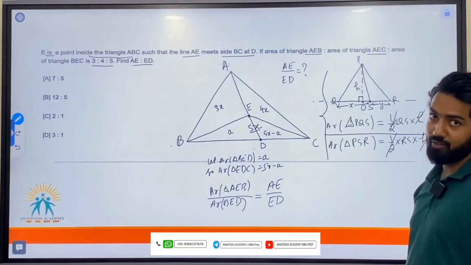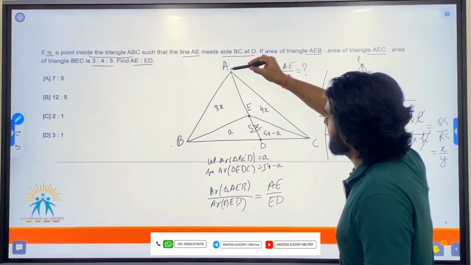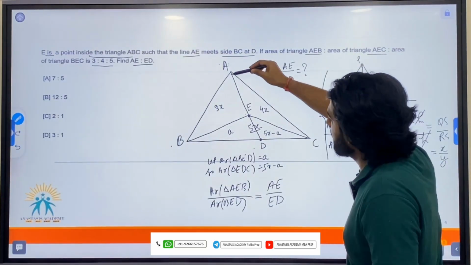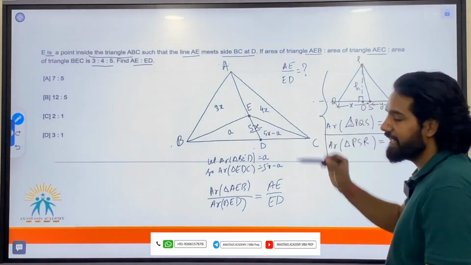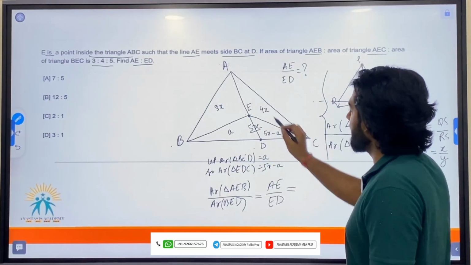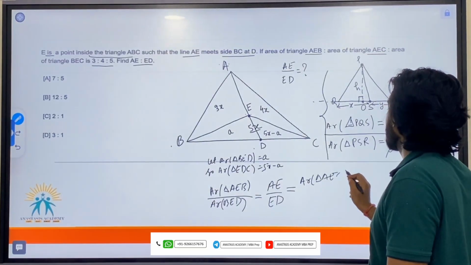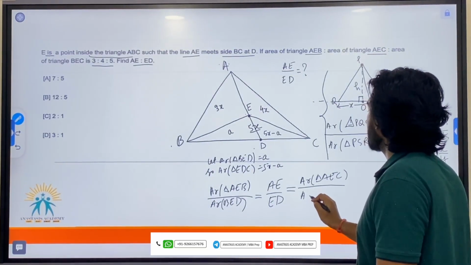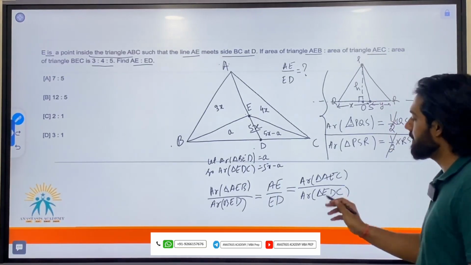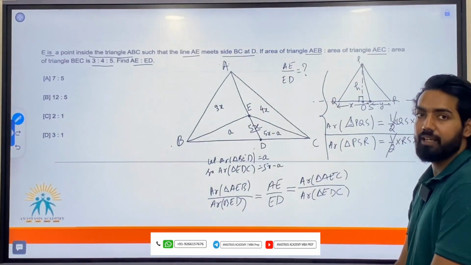This is the ratio I have to find. Now these two triangles, AEC and EDC, are on the same base AD. For them also, the area of triangle AEC upon the area of triangle EDC will be in the ratio of their bases, which is equal to AE upon ED.